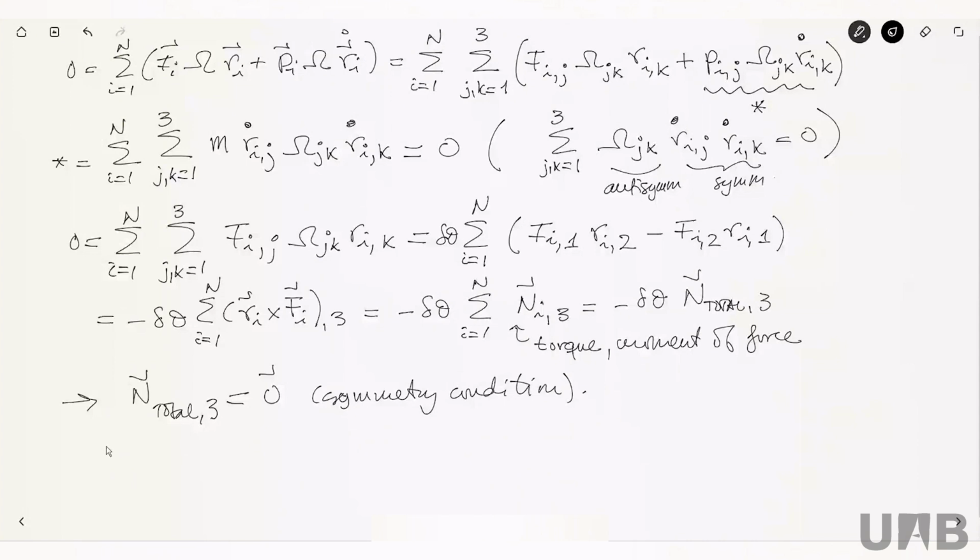Because if we know that a system is such that the total moment of the force in the third direction vanishes, we know that the conservation is going to be that the angular momentum along the same direction, the third axis, has to be constant, right? And so that's what Noether's theorem is going to tell us. So let's do this. Conservation law.